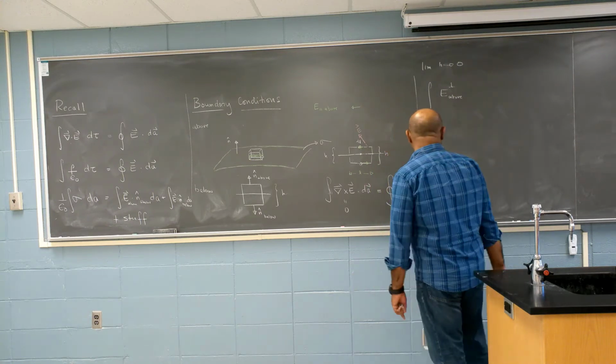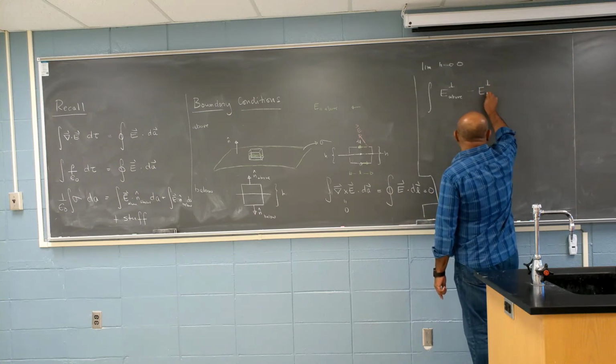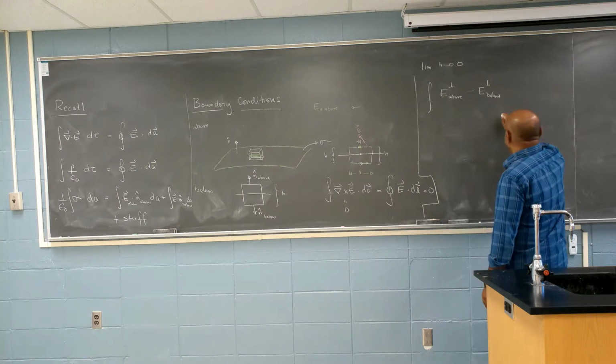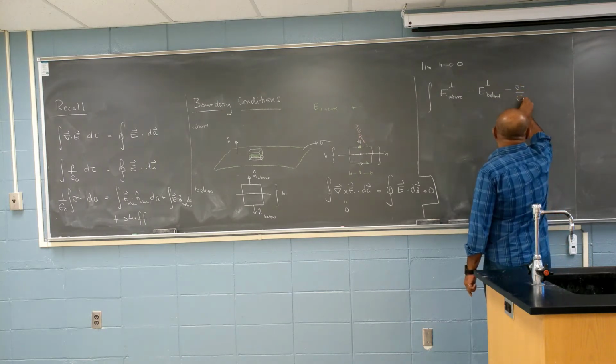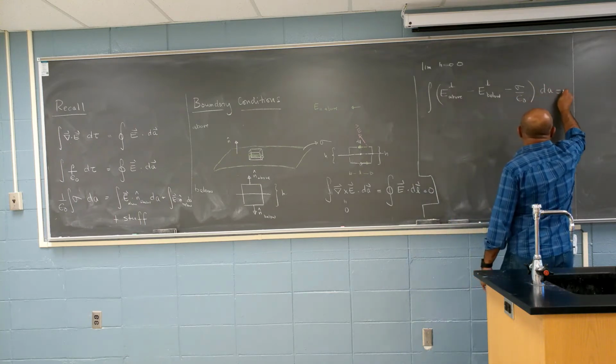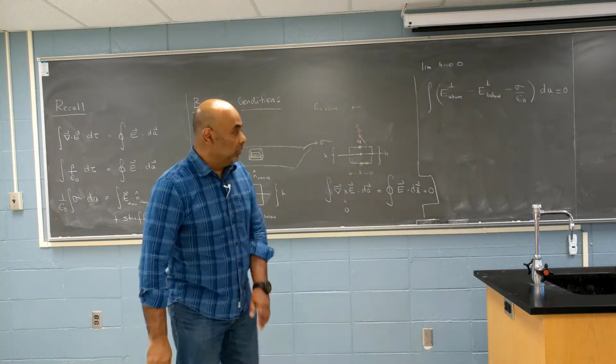Well, I'll tell you exactly what it means. Let's just understand it intuitively. Again, let me write the equation down: below, minus sigma over epsilon naught dA equals 0. Several things have happened in this step, so I want to clarify.